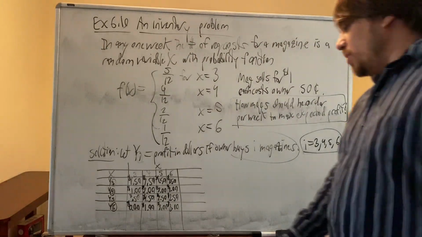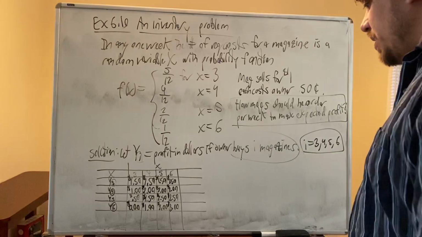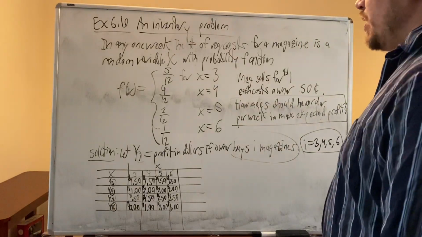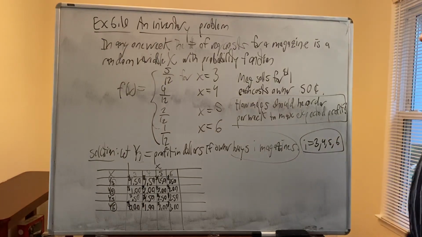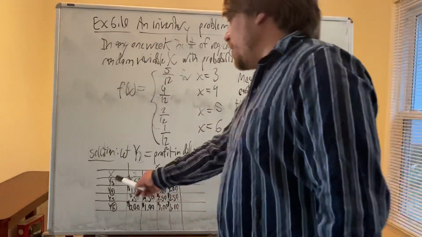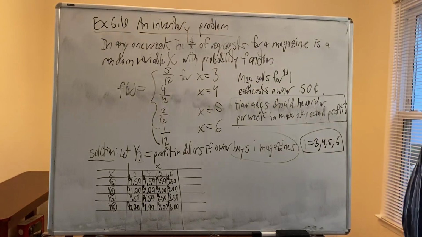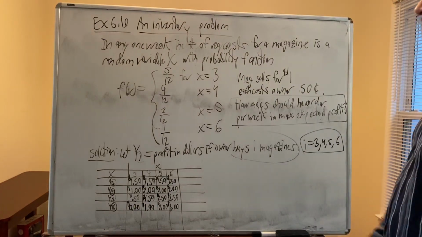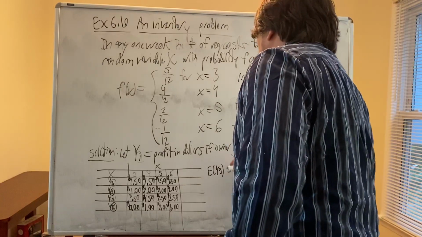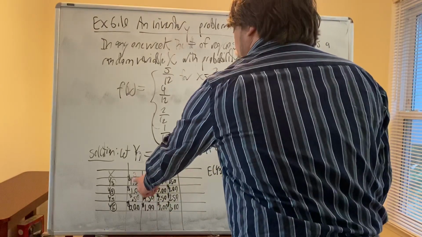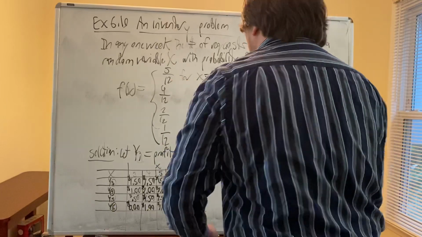Okay, and so now you just find the expected value of each y. So you want to max expected profit. So you want to find the expected value of each y value, and the largest one would be maxing the expected profit. So E of y sub 3: if he requests 3 magazines, there's a 5/12 chance of that.